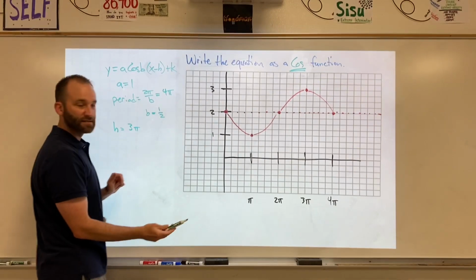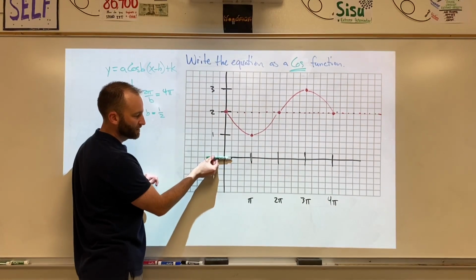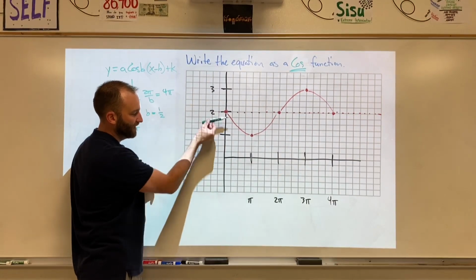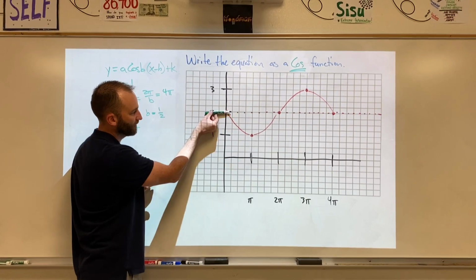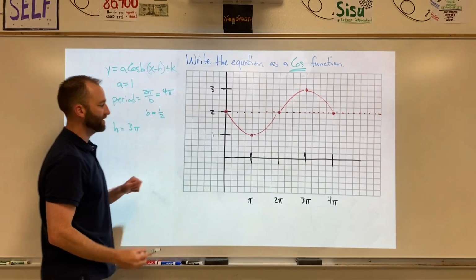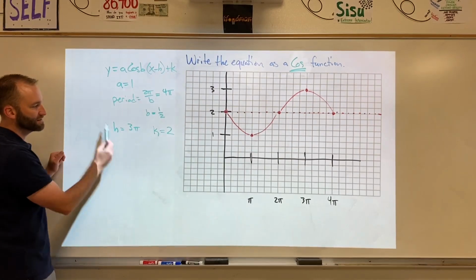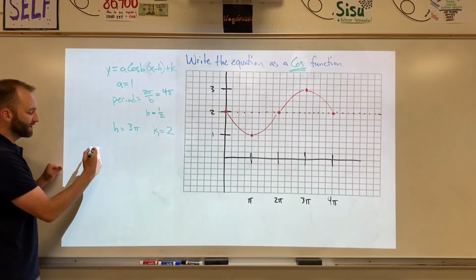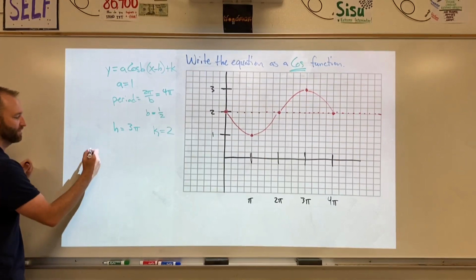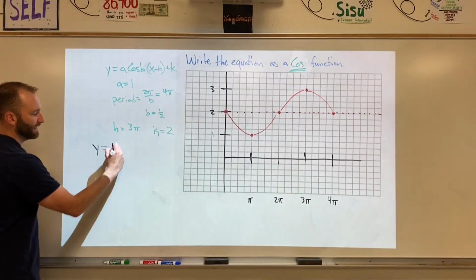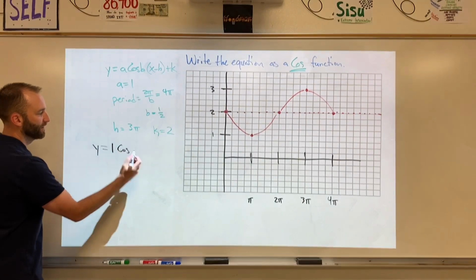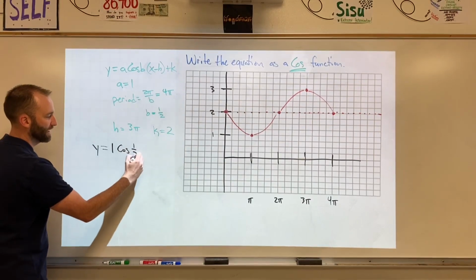You can clearly see this graph is also shifted up. The middle of my cosine graph or curve is at +2, which means the k value is equal to 2. So I have these numbers here, and I can write my equation. We've got y equals, the a value is 1, the b value is 1/2.